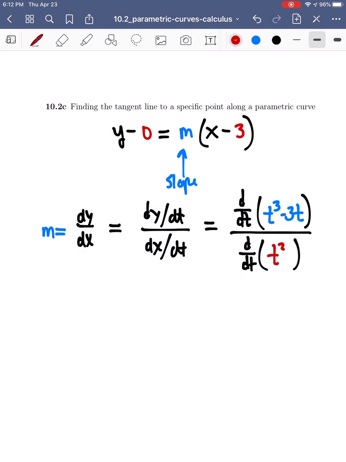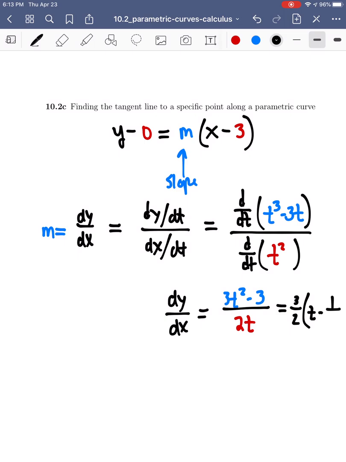So when we just go ahead and do that, we find that the slope dy/dx is equal to 3t squared minus 3, all over 2t, which we could simplify to 3/2 times t minus 1 over t.